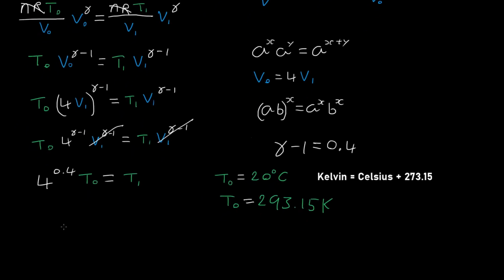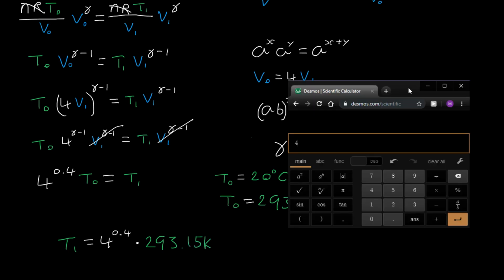So then our final answer, just about, in Kelvin, we can find that with 4 to the 0.4 multiplied by 293.15 Kelvin. So our answer in Kelvin would be 510.4 degrees Kelvin.